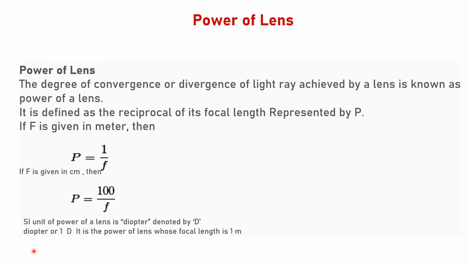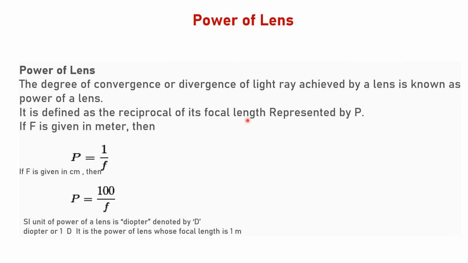It is defined as the reciprocal of focal length and represented by the capital letter P. If F is given in meter, then P is power of lens, right? So P is equals to 1 upon F, which is nothing but the reciprocal of focal length, right?